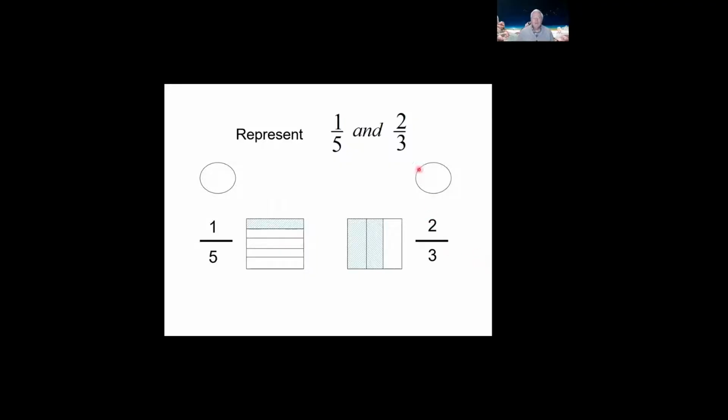If you really understand how to read this, you will know that this represents sharing with 3, taking 2 of the 3, and that this would be the symbol that goes along with it. Again, very much like our numerical fluency model, we are able to represent between symbol, spoken word, share with 3, take 2, or okay, 2/3, I know, and visual.